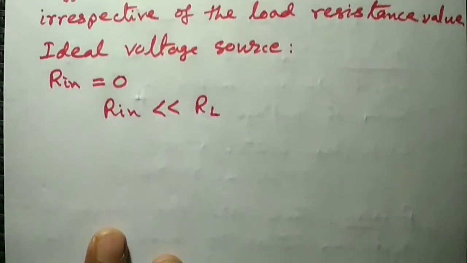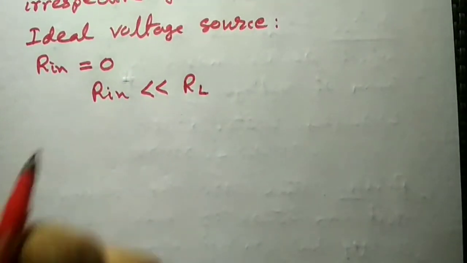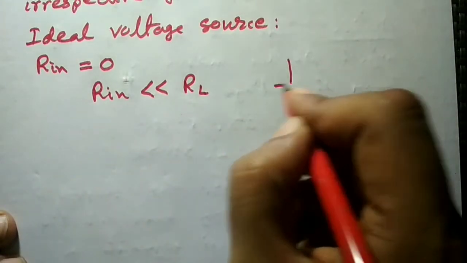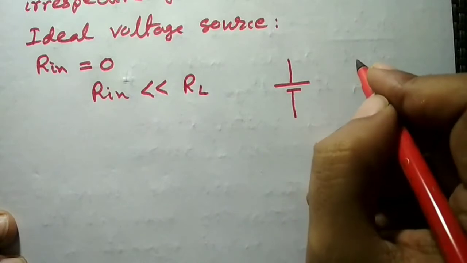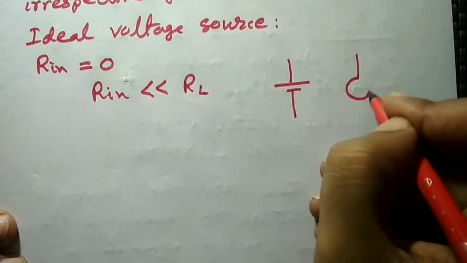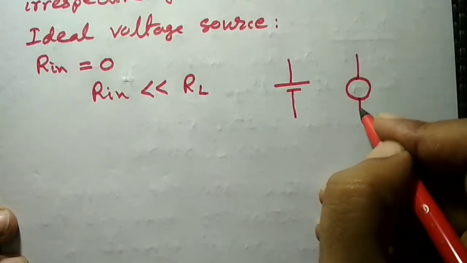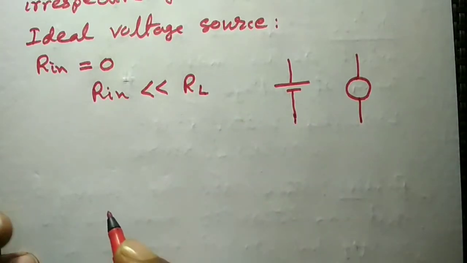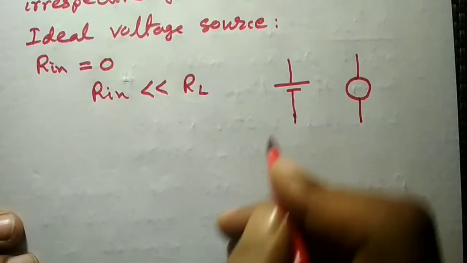Now the symbolic representation of the voltage source is this.